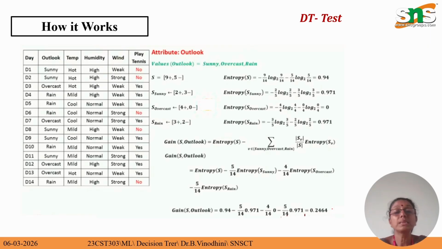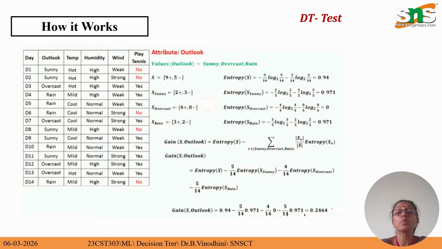The first step is to find the entropy of the whole data set. How is it calculated? It is minus probability of plus times log of probability of plus, minus probability of minus times log of probability of minus.